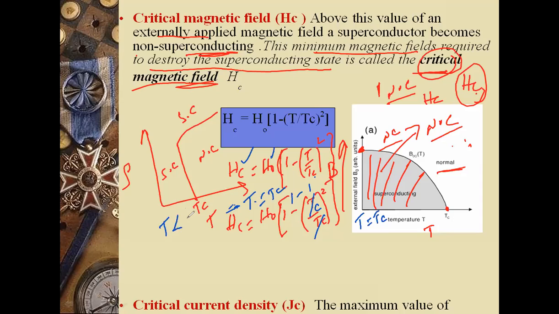It should be less than TC for a superconductor. T greater than TC is a normal conductor. See, this is T greater than TC, normal conductor, right? So this entire region is normal conductor, and the region below is superconductor. I hope you understand, right? Is it clear?